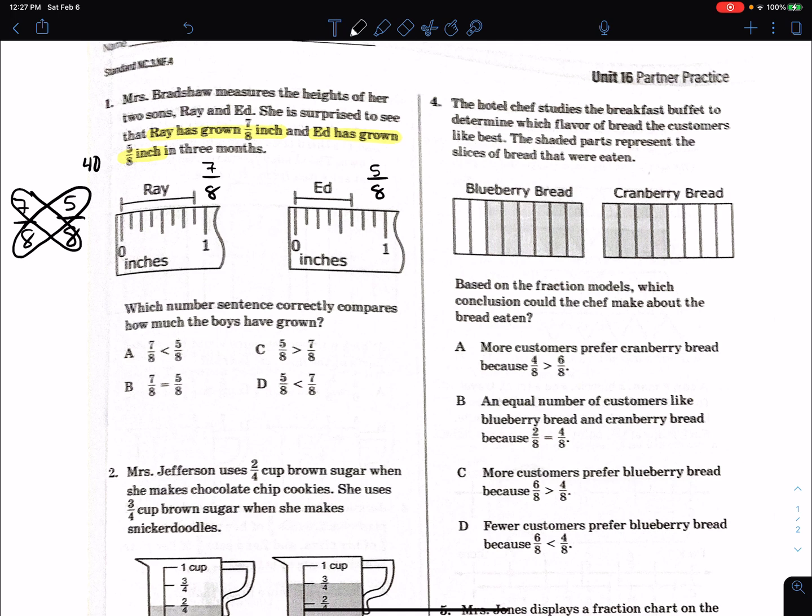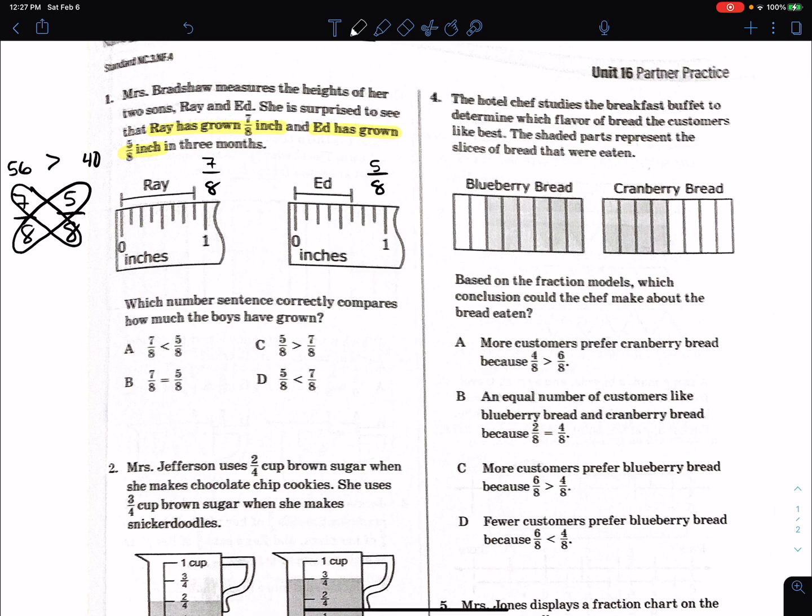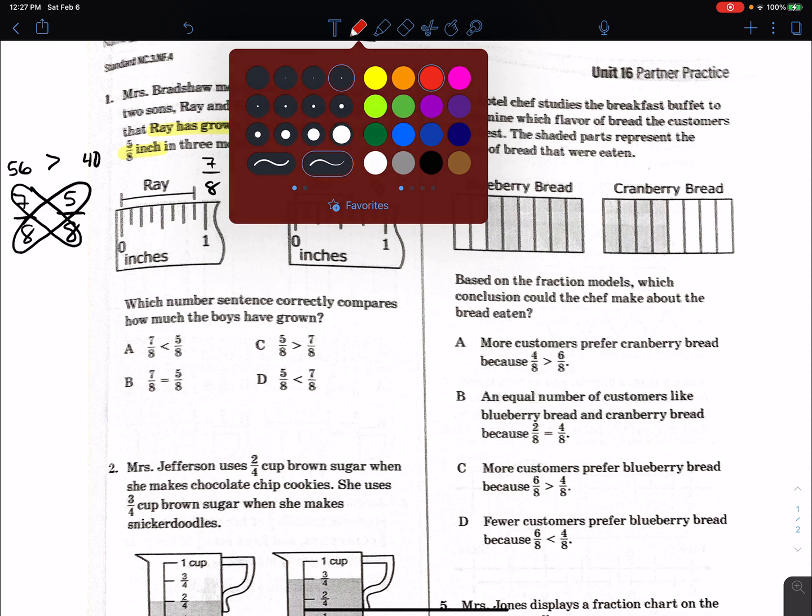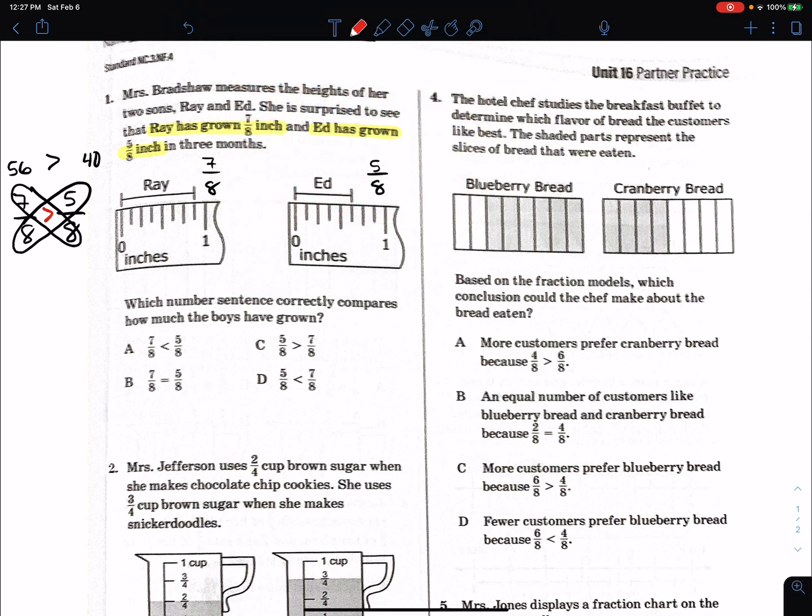What is 7 times 8? Well, 7 times 8 is going to give us 56. So I know that 56 is going to be greater than 40. So I could say 7/8 is greater than 5/8.